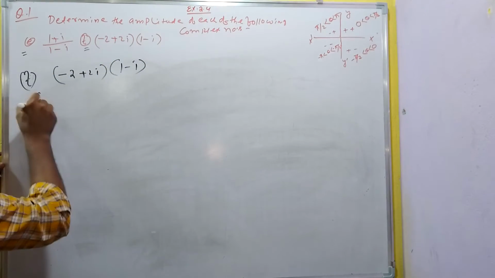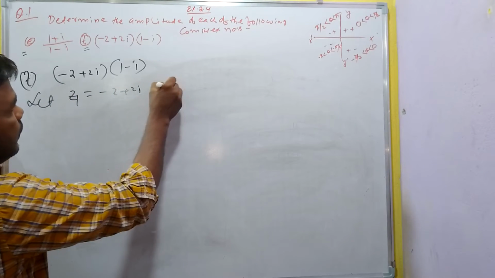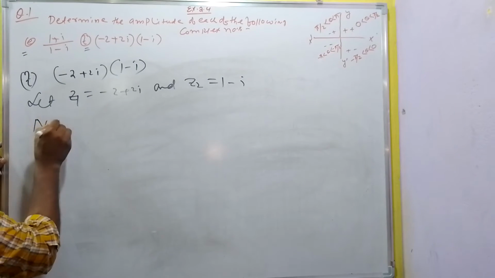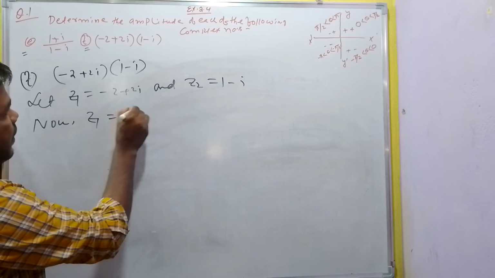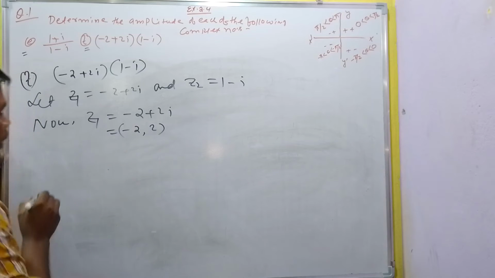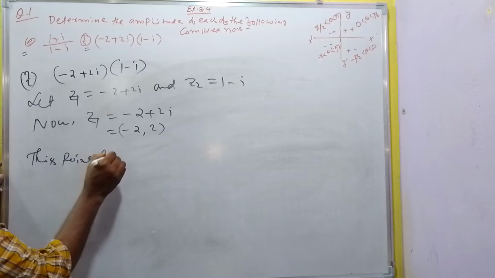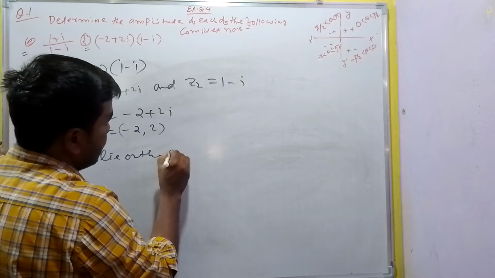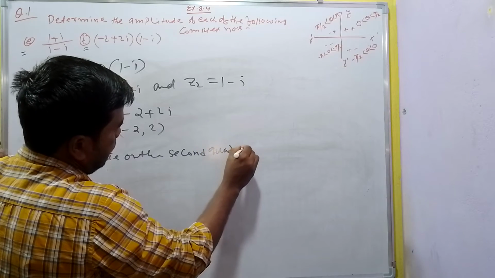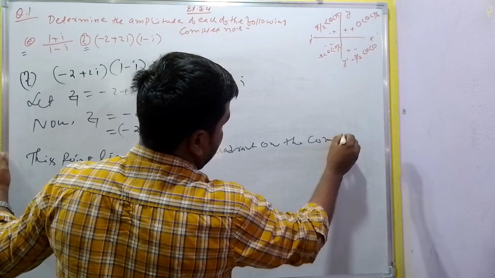Let Z1 equals minus 2 plus 2i and Z2 equals 1 minus i. Now Z1 equals minus 2 plus 2i, you have to write (minus 2, 2). This point lies on the second quadrant on the complex plane.